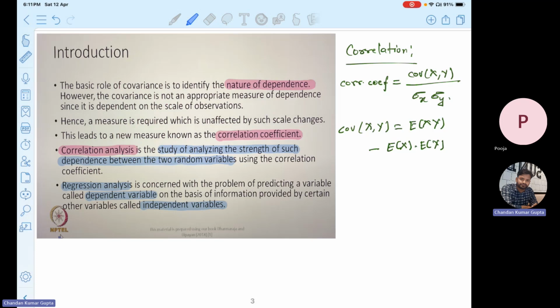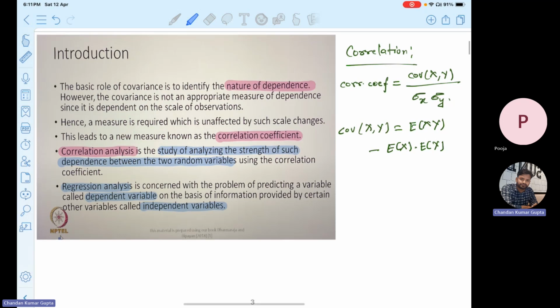We formulate a model of how the dependent variable depends on the independent variable. These are similar, but in correlation both variables are independent, not dependent. There is only an association between those variables.